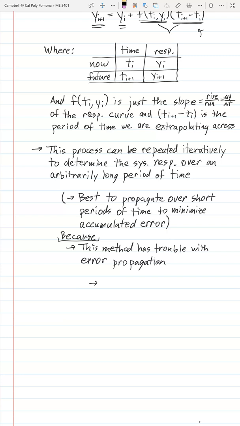So then it goes back to the known time and known state, and uses the average estimated slope to propagate across, just like Euler's does, except it's using the average. Heun's method uses the average rather than just the one estimated value of the slope.